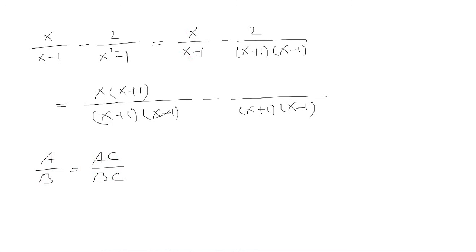So because I multiplied the denominator by x plus 1, I have to also multiply the numerator by x plus 1. Now this fraction equals this fraction. For this other fraction, you can see the denominator hasn't changed, so the numerator doesn't have to change. So my next step would be to multiply these.